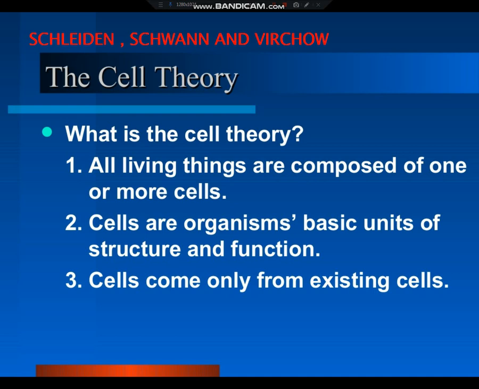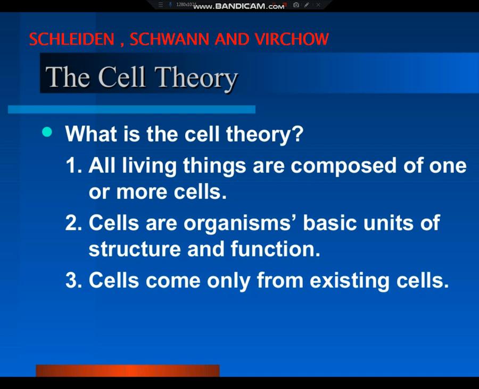Then if we move towards cell theory, there were three scientists who compiled different points, and from the compilation of these points, we got the cell theory. According to Schleiden, Schwann and Virchow, all living things are composed of one or more cells. That means the cell is the basic unit of life.